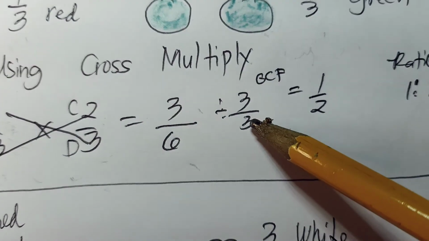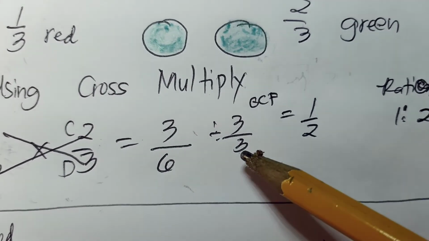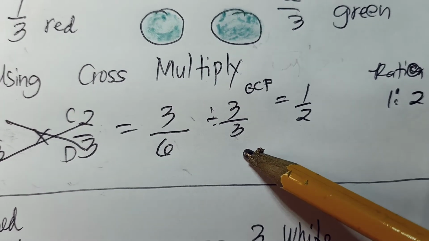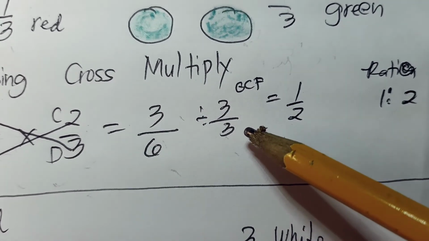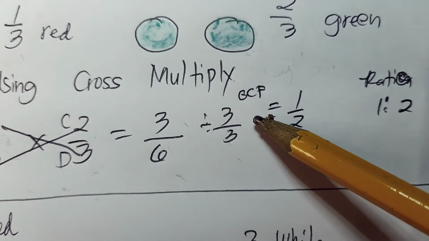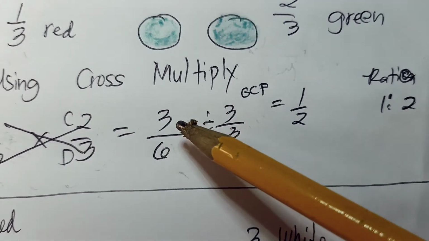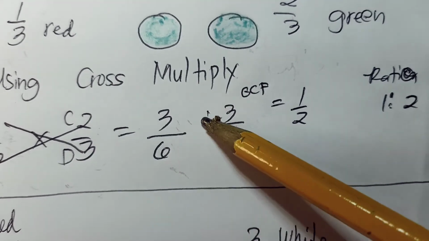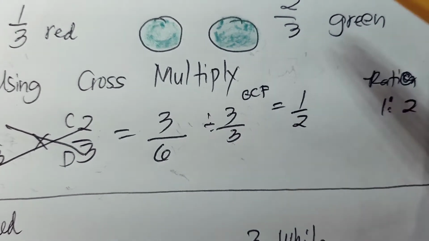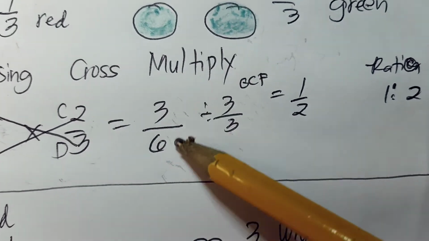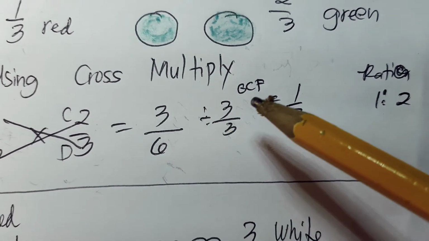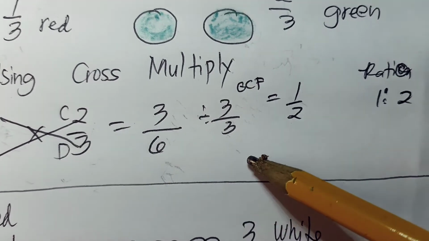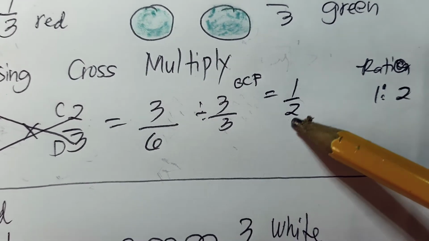We are not done yet. We have to simplify using the greatest common factor. What is the greatest common factor? Think of a number that can divide both 3 and 6, not the small number, but the greatest number that can divide them. So, 3 divided by 3 is 1, and 6 divided by 3 is 2. So, the answer is 1/2.